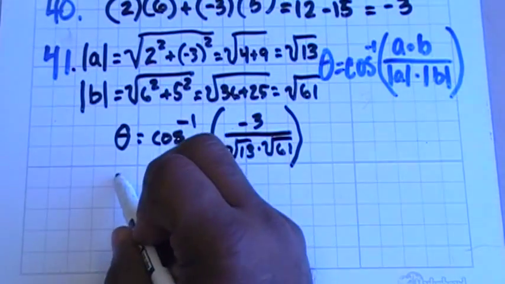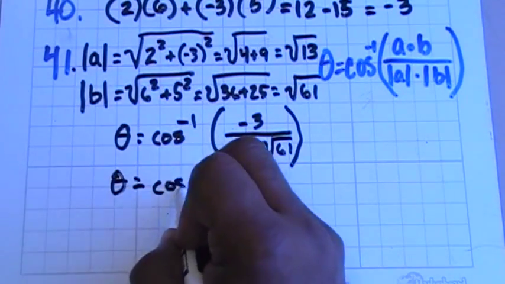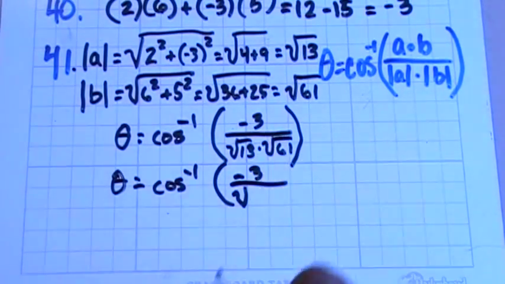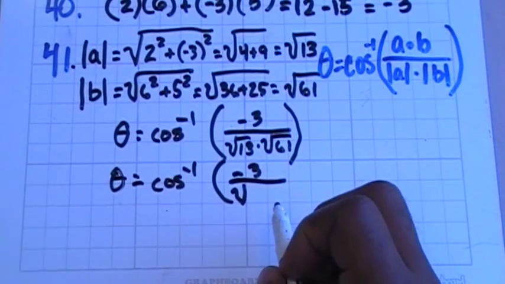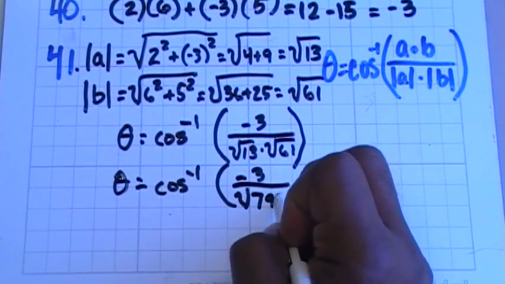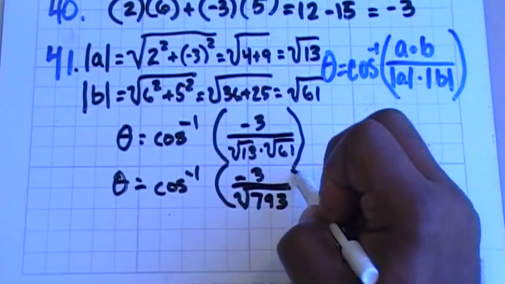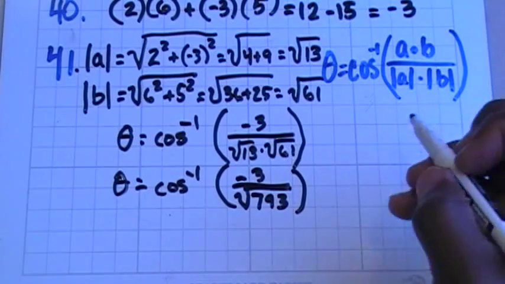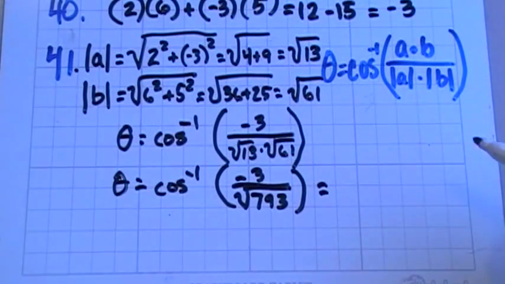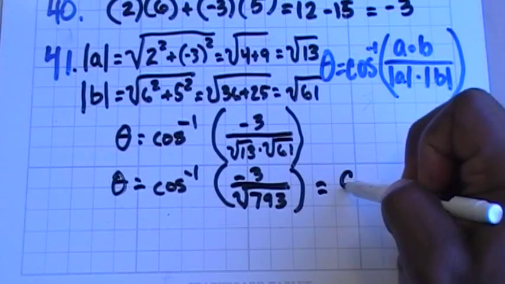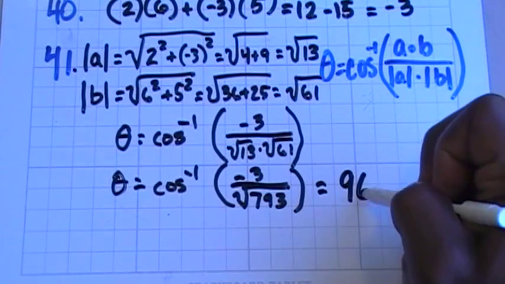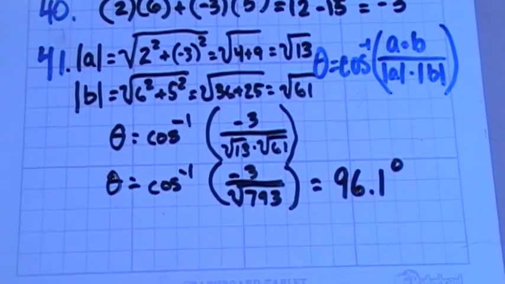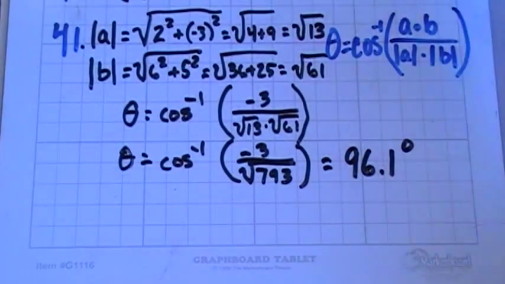That's going to give us inverse cosine of -3 over the square root of, I think it's 793. Checking your calculator, making sure your parentheses are correct, we should end up with 96.1 degrees. All right, number 42, keep it moving.